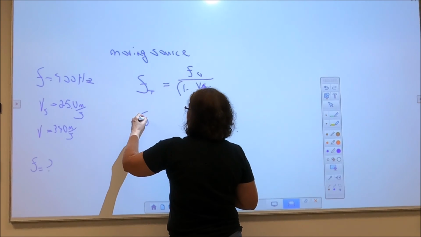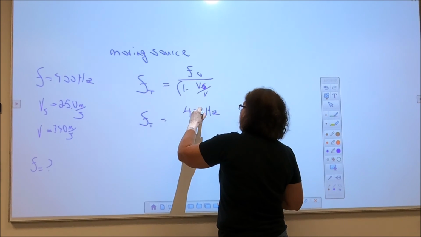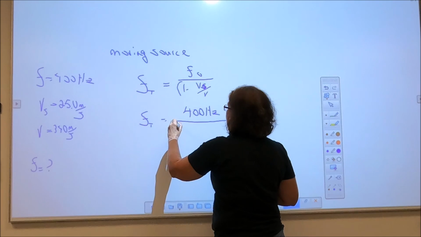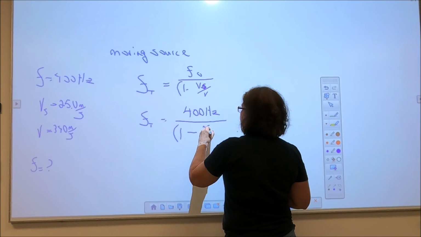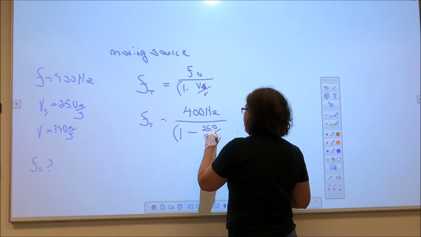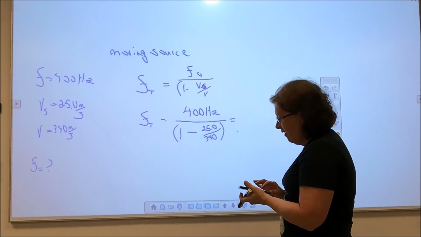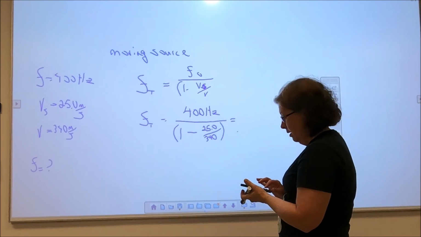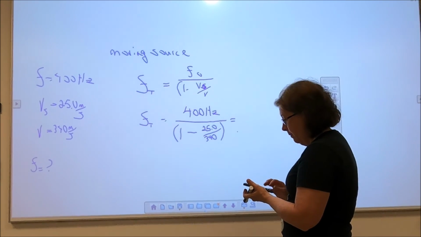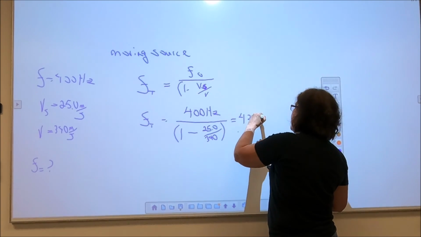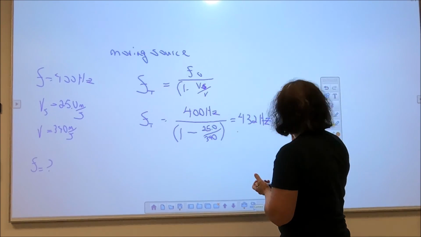Okay? So f plus is going to equal the 400 hertz divided by 1 minus 25.0 over 340. Now the units there are going to divide out, so I'm not going to worry about writing them in. So 25 divided by 340, negative, plus 1, 1 over that times 400. So 432 hertz. That's the sound frequency that you would hear.